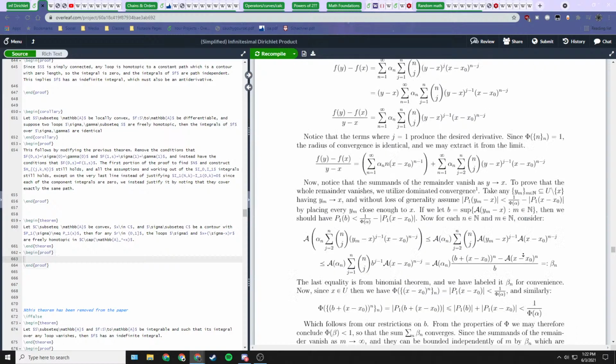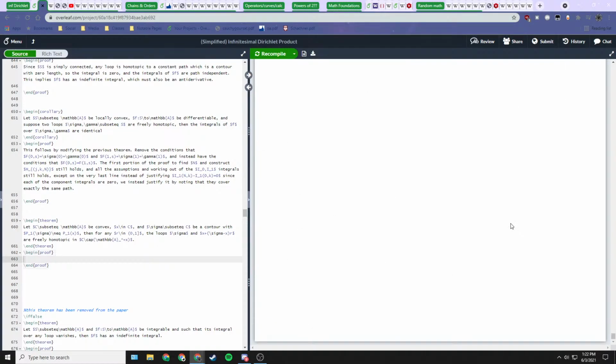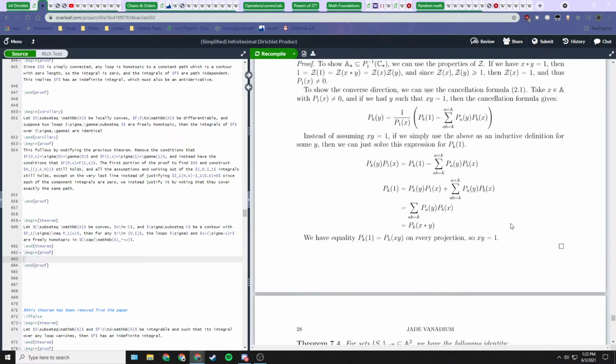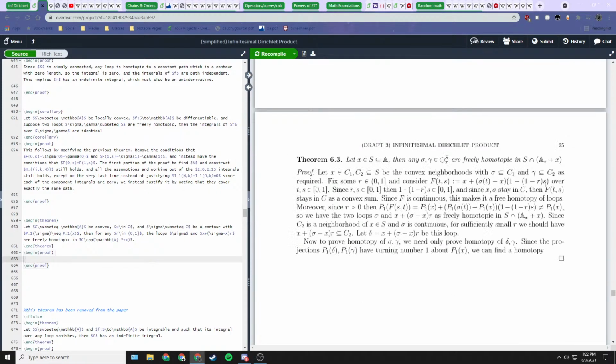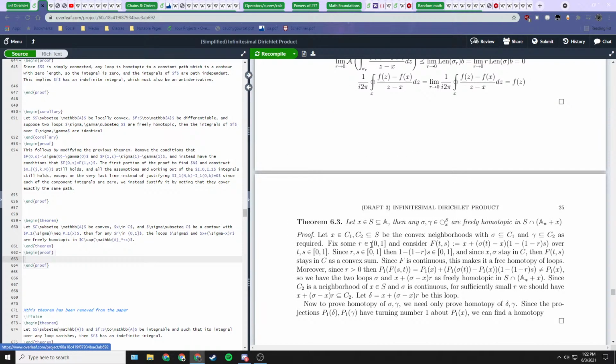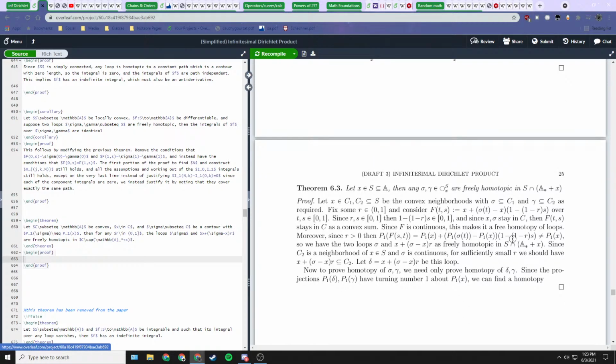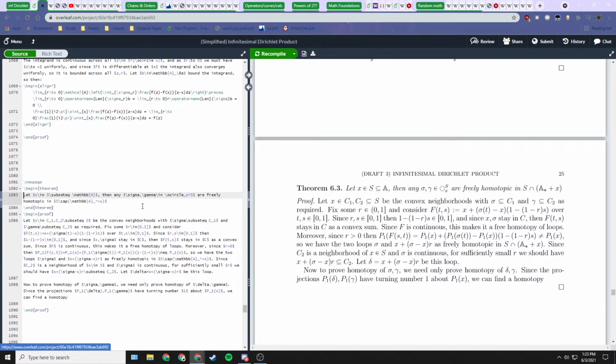So we already wrote a proof for this, actually. And we can just take that. That would be this function.